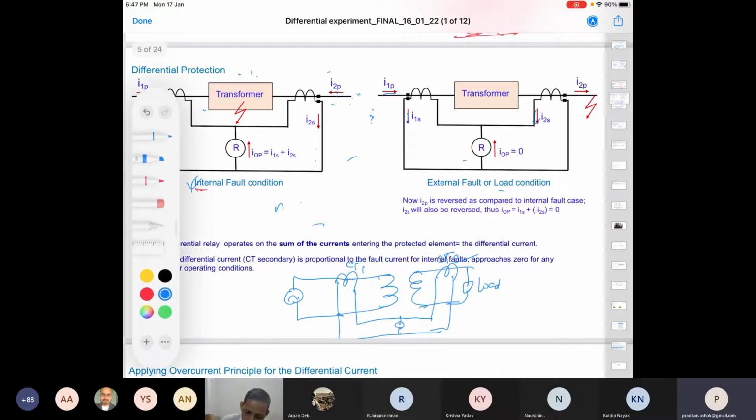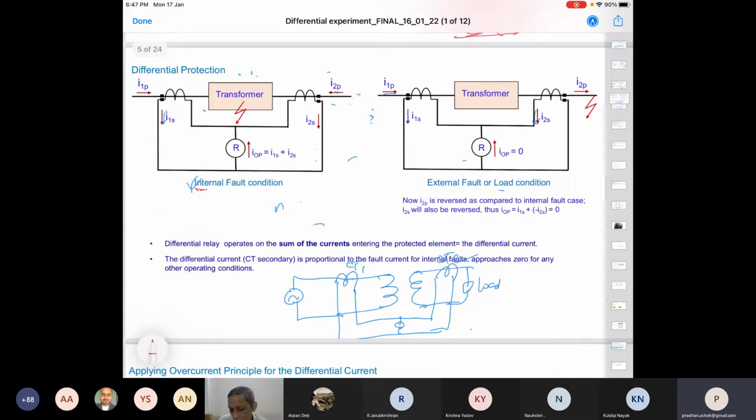Now what I do here is check the CT connection such that during loading condition this current should be 0. As per my convention, whenever there is normal condition or any external fault condition, this current will be 0.